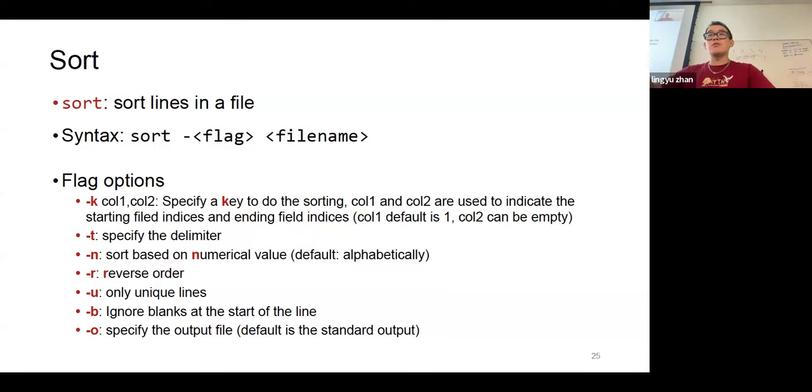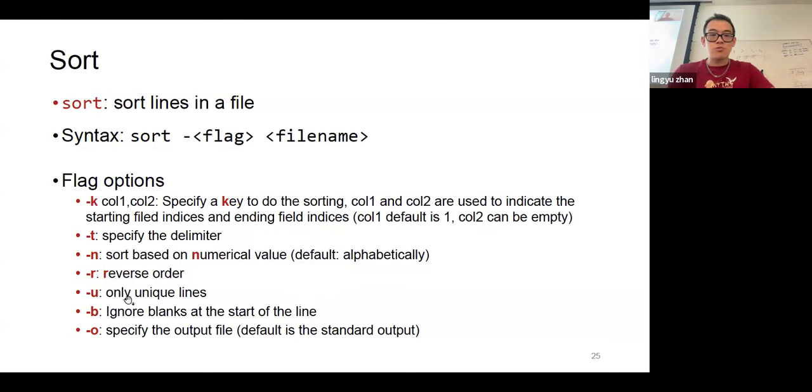Then 20 will come right after chromosome 2 because of the alphabetical order. However, if you want to sort by the number, like from 1 to 9 and then 10 to 19, you want to add this -n flag. And the -r here just stands for reverse. So it will reverse whatever order it has.